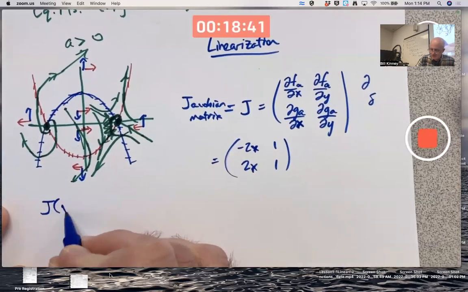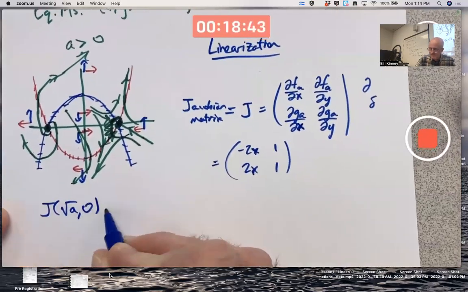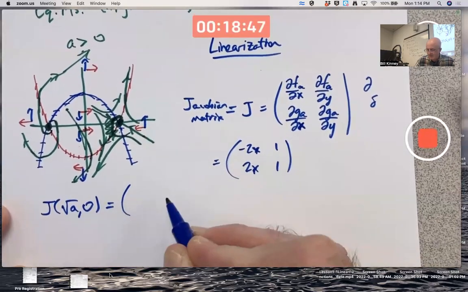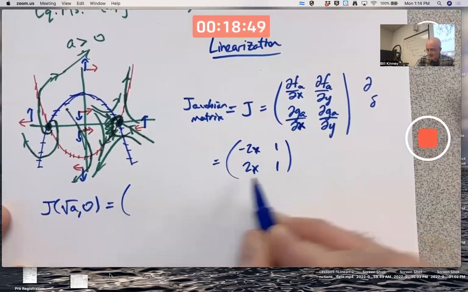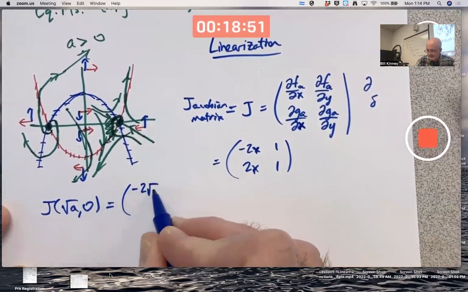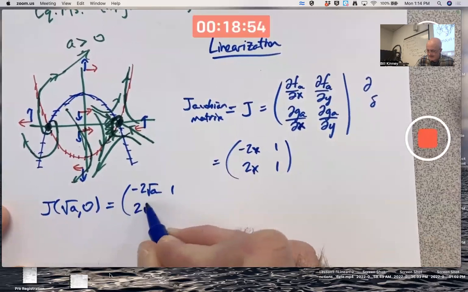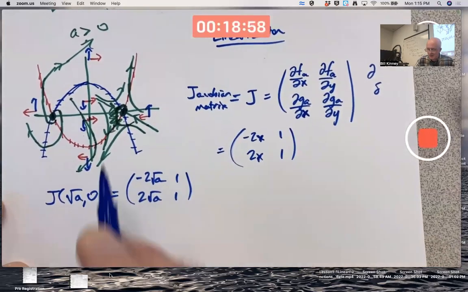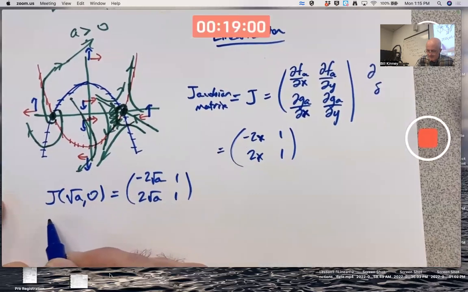J of square root of a comma 0 is what? Replace x with square root of a, replace y with 0. Well, there are no y's, so you don't have to worry about that. There's the Jacobian matrix evaluated at the right equilibrium point.